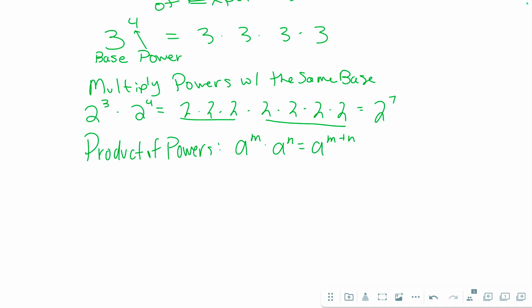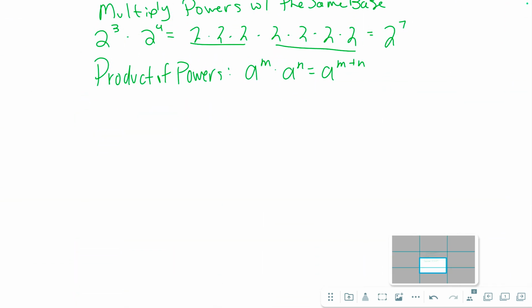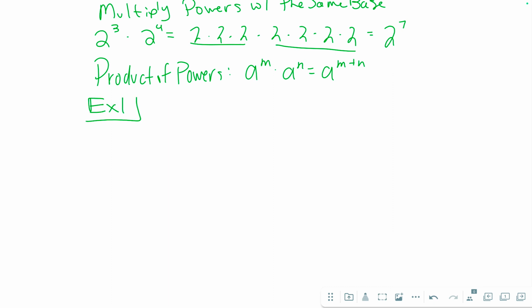Okay? If the bases were different, you could not do this. This is why we're saying we're multiplying powers with the same base. Okay? We just add the exponents. Okay? So, example 1.